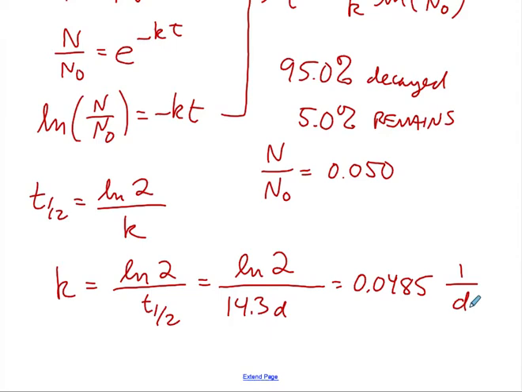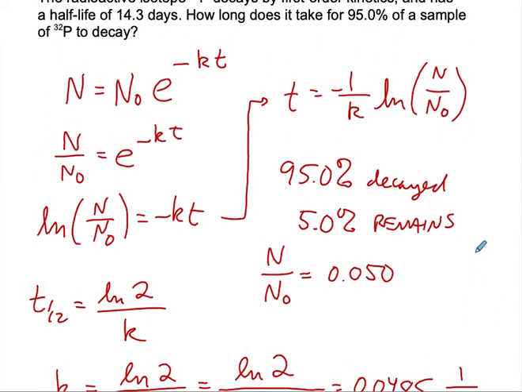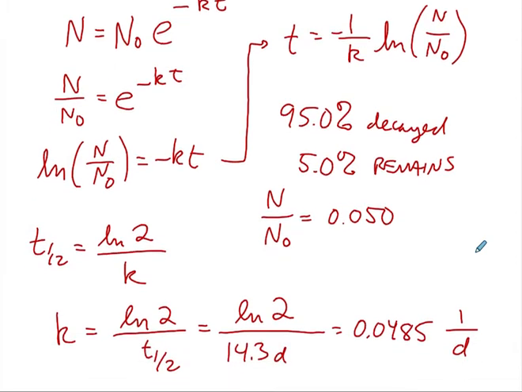Remember, for any first-order rate constant, the unit is always reciprocal time. Since the half-life was given in days, we'll calculate the rate constant in 1 over days. So now I can simply go back to my rearranged equation, which is up here, and simply plug in to calculate the time.